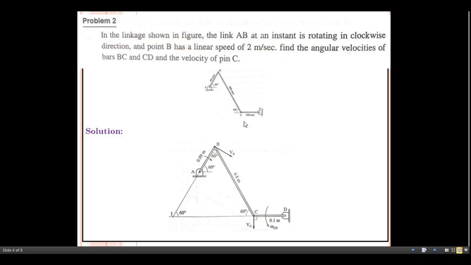You need to consider some suitable scale. Here 100 mm is given, 800 mm is given, so consider 100 mm equal to 10 mm or 20 mm, and complete this diagram. First see whatever space is available, and according to that take a suitable scale, or draw the diagram as it is.